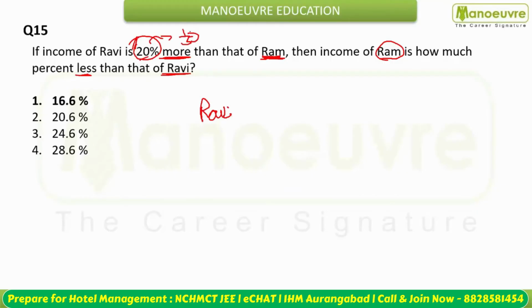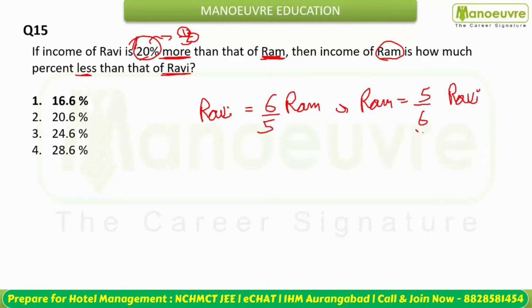That means 1 extra over 5. So Ravi is 6 by 5 of Ram. So we can say Ram is 5 by 6 of Ravi. Out of 6, how much is less? 6 minus 5 is 1 less. 1 less than 6, that is 1 by 6 fraction. This is known as what?